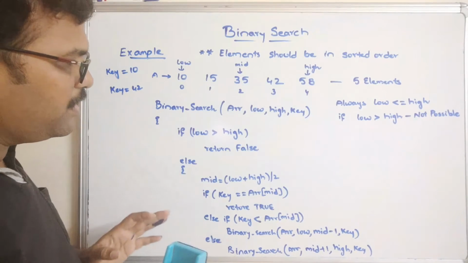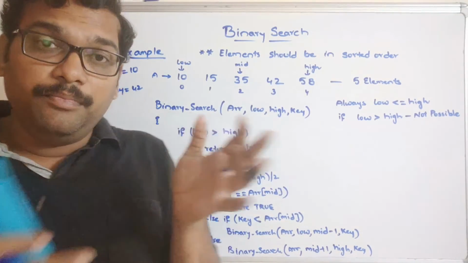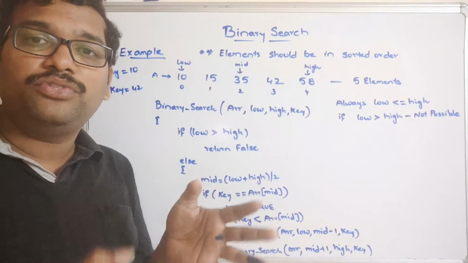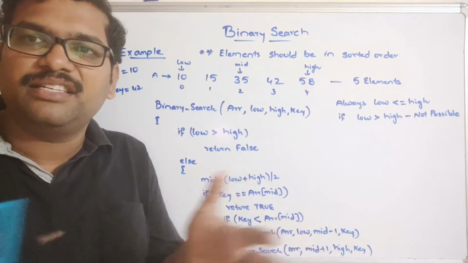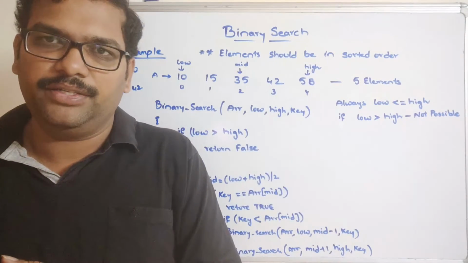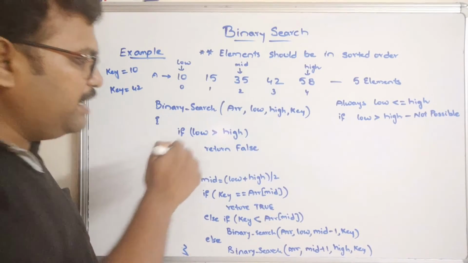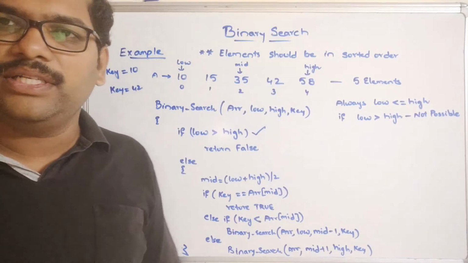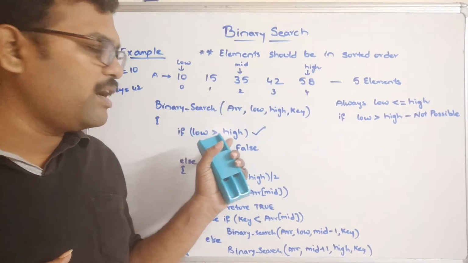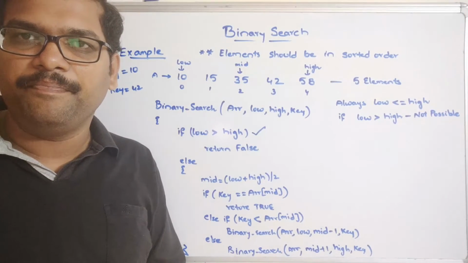The complete problem will be divided, and based upon the comparison, we have to change the search space. Search space means from where to where, either low is changed or high is changed. So we have to repeat the same process until the low value is greater than high. If low is greater than high, that implies the element is not found in the array.